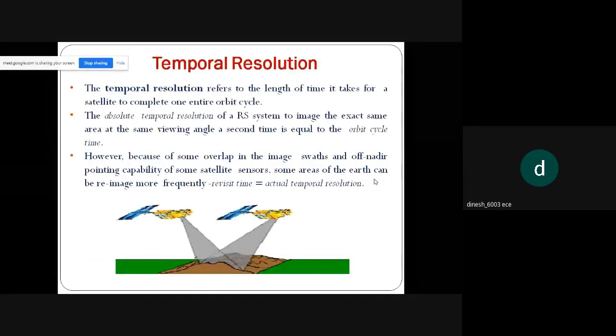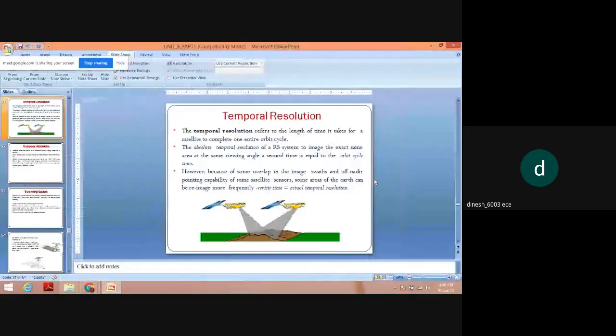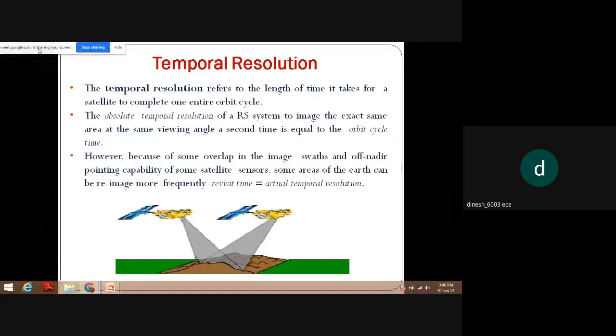The last resolution is your temporal resolution. So temporal resolution refers to the length of time that it takes for a satellite to complete one orbit cycle.